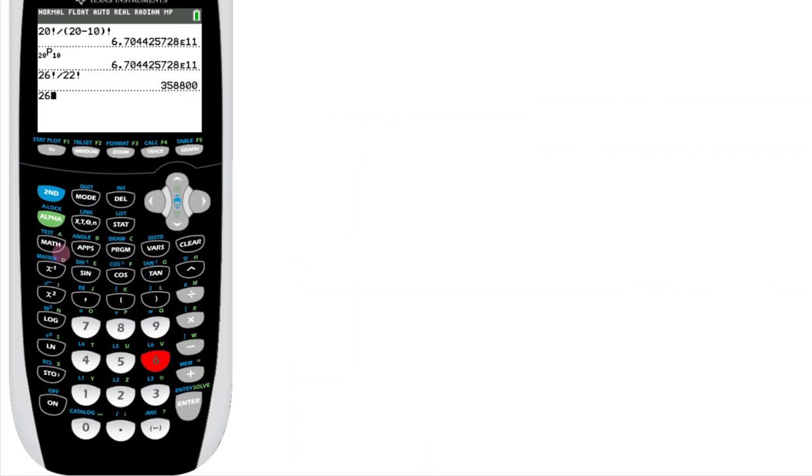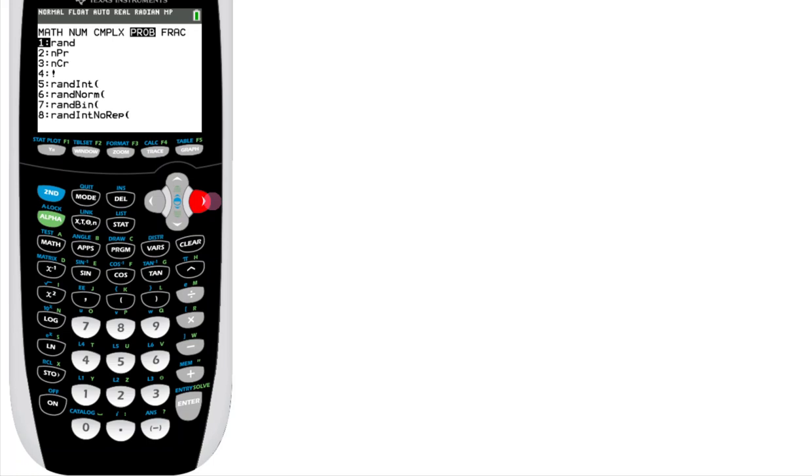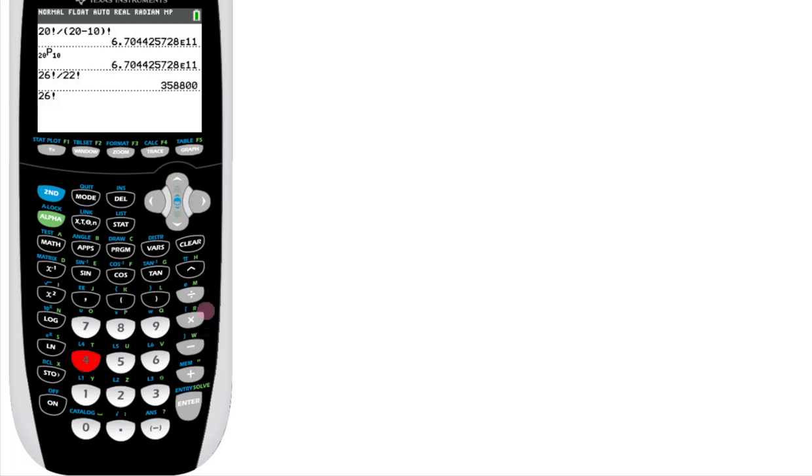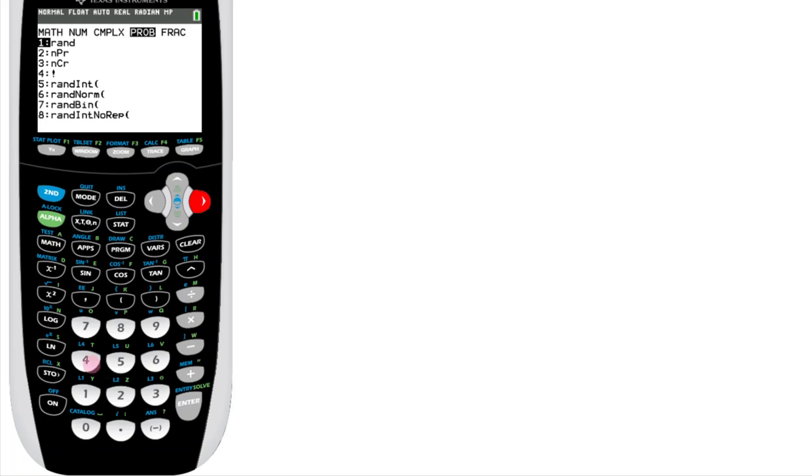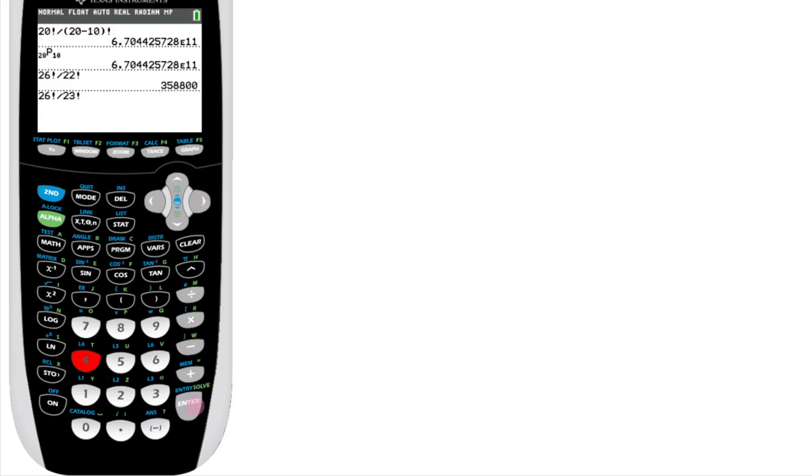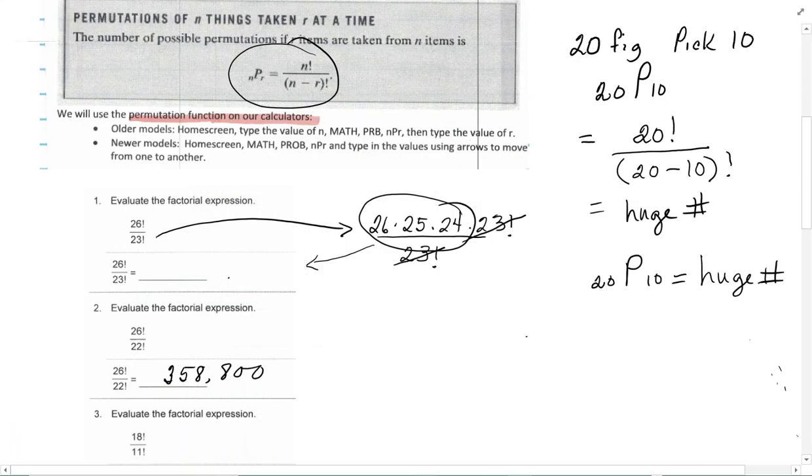It's 26, math, I did the wrong problem, factorial, divided by 23. I had the wrong number in the previous problem, but it was number 2. 15,600. So if you're keeping up with this, this one was literally 15,600. I would have noticed that if I had checked it with this.